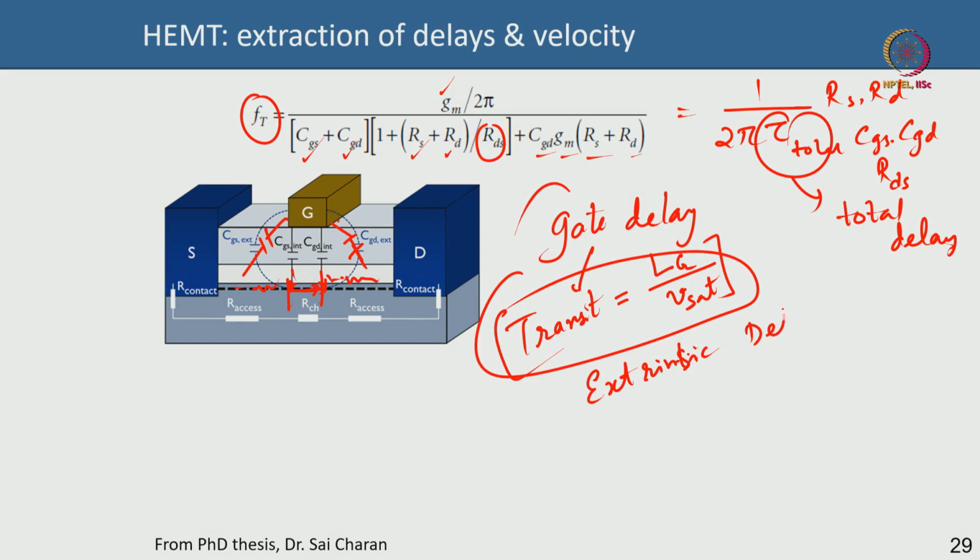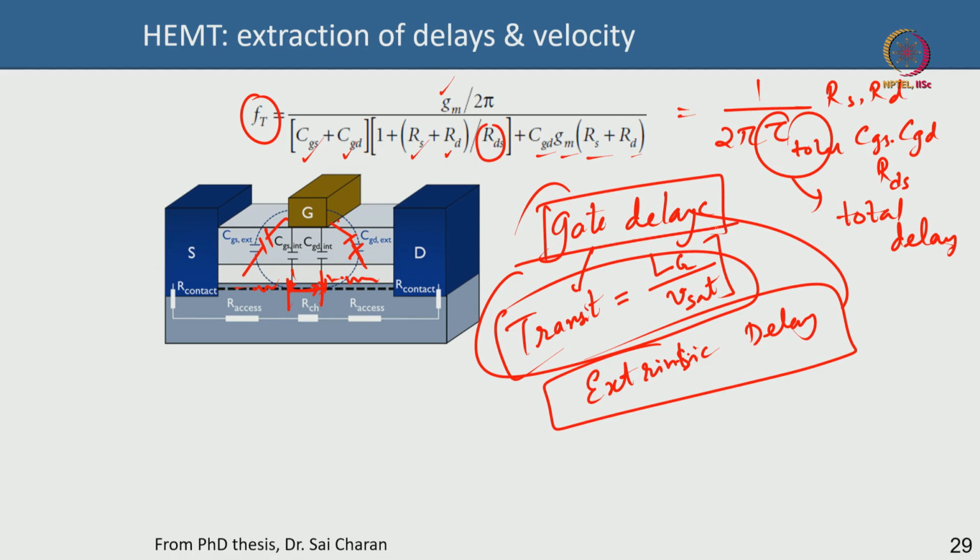Some literature clubs the extrinsic and intrinsic delay under gate delay, some does not, but we are following that. So gate delay consists of intrinsic delay, the time the electron takes to travel below the gate, and extrinsic delay, which is basically the charging and discharging of the capacitances between the gate and the access region charges. There is a gate-drain access region and a gate-source access region.